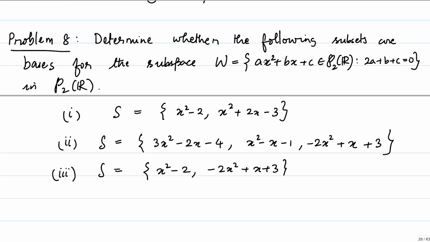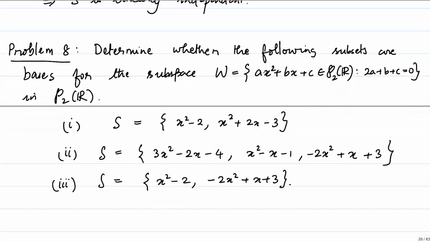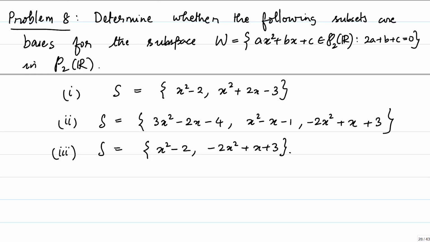Let's take these three. So we need to check whether the following subsets are bases of W. What was W? Let me just put W in your view. W is the set of all those polynomials in P2 of R whose coefficients satisfy some relation. So what do we need to check whether something is indeed a basis of W?